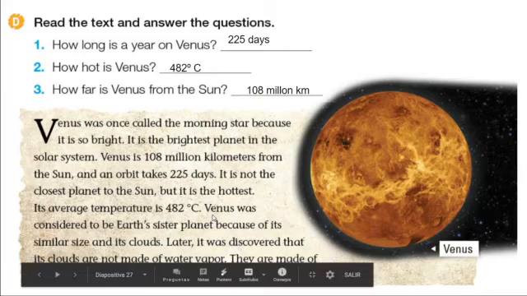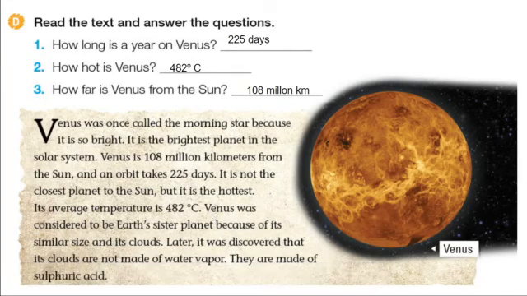Very good. Venus was considered to be her sister planet because of its similar size and its clouds. Later, it was discovered that its clouds are not made of water vapor. They are made of sulfuric acid.